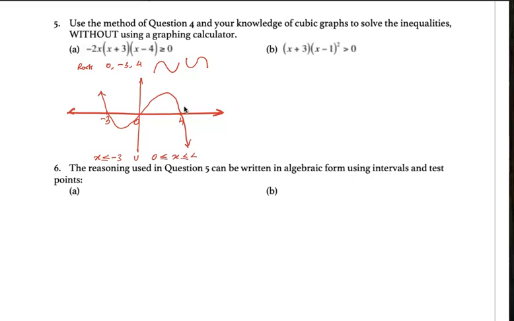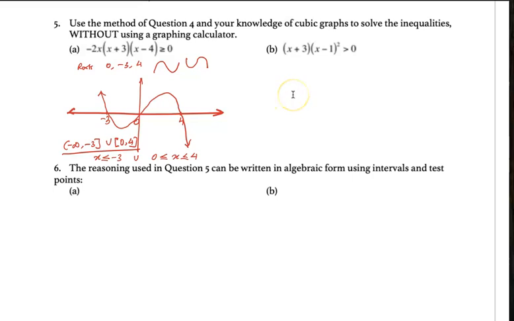If you are using bracket notation, you can write minus infinity to minus 3, union 0 to 4. I prefer the union way, but I need to learn. You should know both, be open to both. But this is also fine.